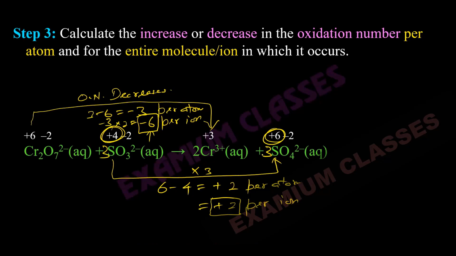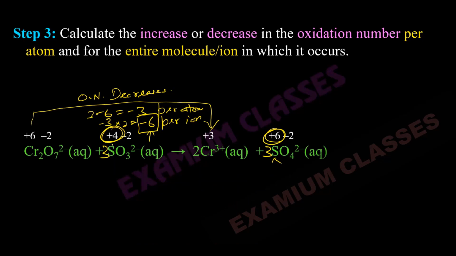Now try to understand why multiplying by 3 makes the change in oxidation state 6. Even if you don't write it like this, if I have multiplied it by 3, then per atom the sulfur oxidation state in sulfite was 4. But now I have 3 sulfurs here, so the oxidation state will be 3 into 4, that is +12. So the total contribution of sulfur in these 3 sulfite ions will be +12.